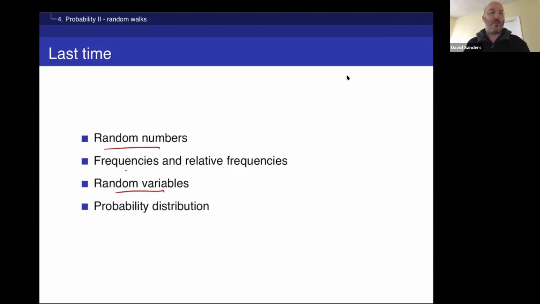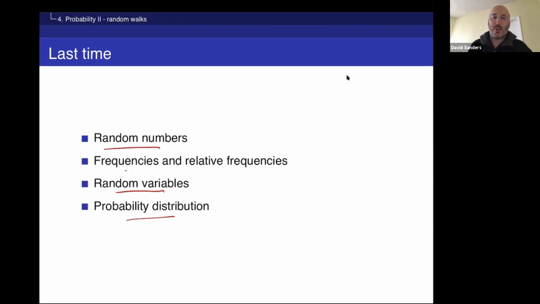Every time you run the process, or every time you ask a different person how long they took to recover, you'll get a different answer. But those answers will be distributed in some way. Some are more common, some are less common. That's what is described by the probability distribution of this random variable.